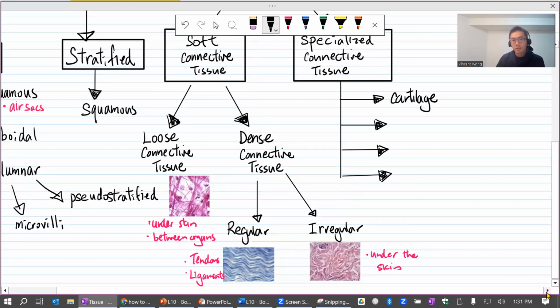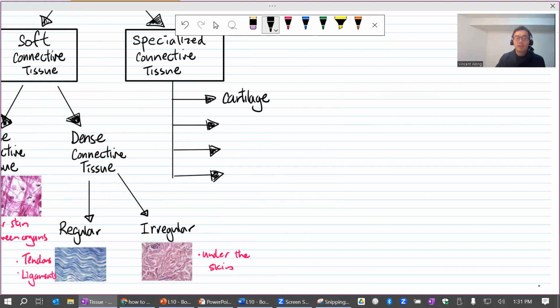Cartilage is for support, flexibility, wear and tear protection. And then there are 3 types. There's the elastic one in the ear, the fibrous one in the backbone, and the hyaline in the trachea.